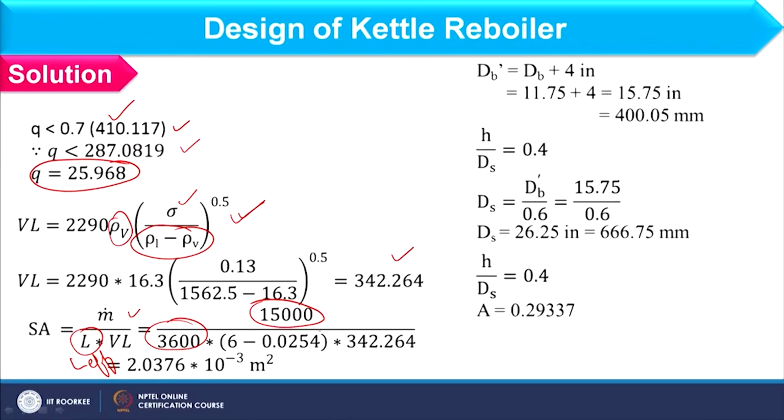This is not the length of the tube, because for the U tube the length is 12 feet, but here we are considering only 6 meter, because that is the length of the bundle. Okay. So, in SA you should consider L effective as the length of the bundle, not the length of the tube. So, in this case L effective should be 6 minus 0.0254, and using the vapor loading we can find the segment area, which comes as 2.0376 into 10 power minus 3, right.